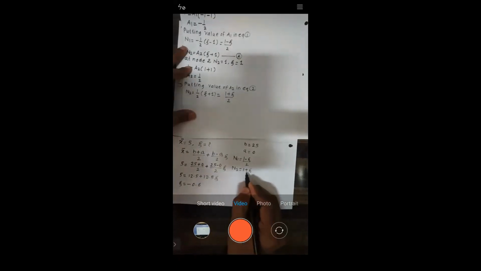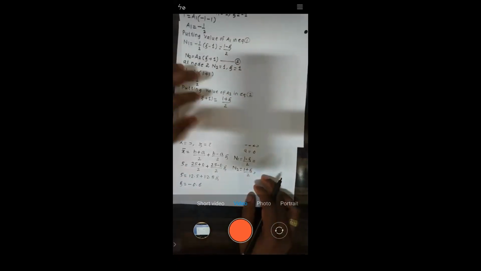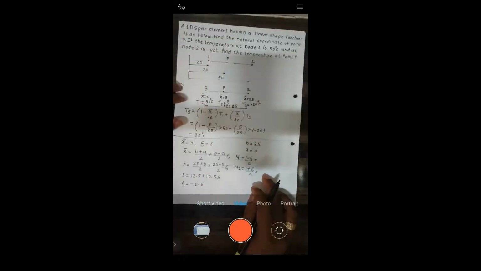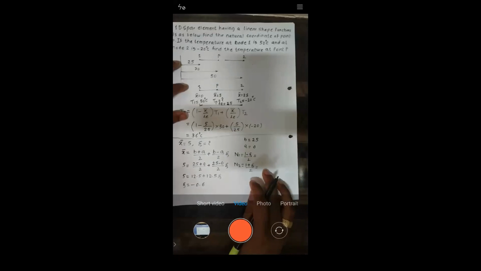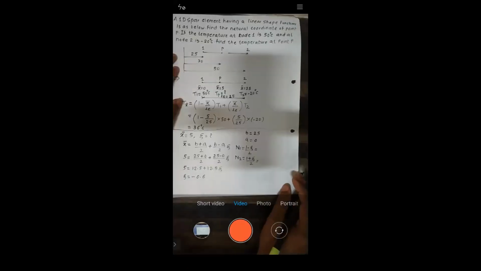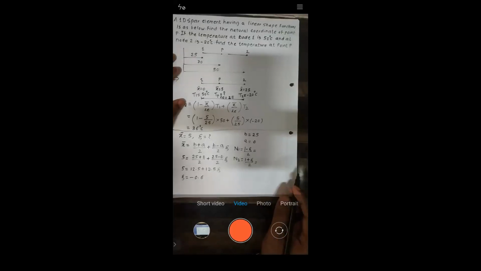So just put these values of zeta and tell me the values of N1 and N2, all of you. N1 is 0.8. N2?